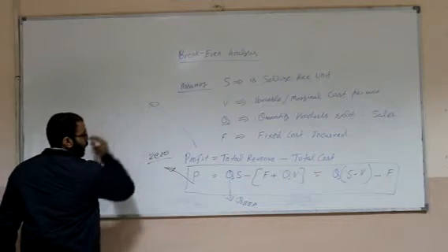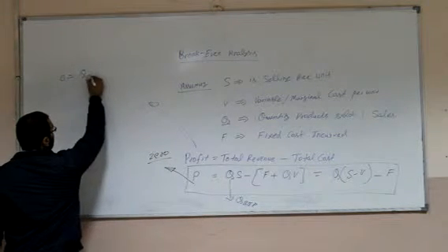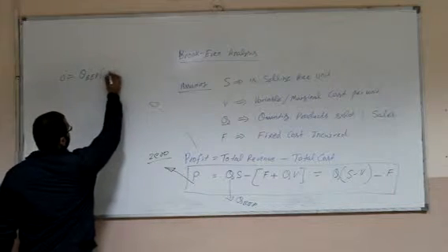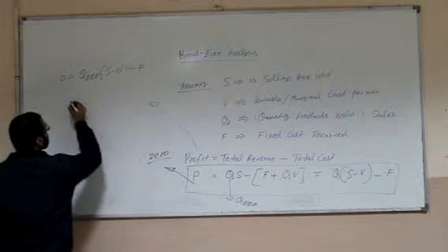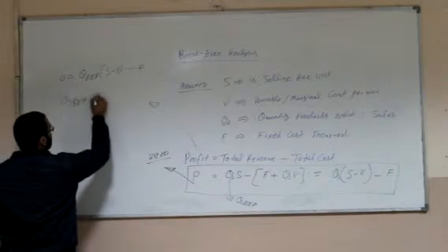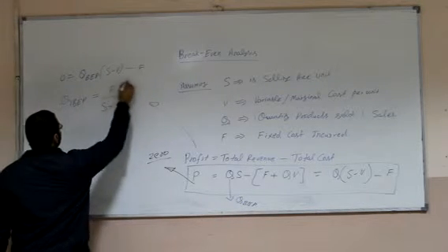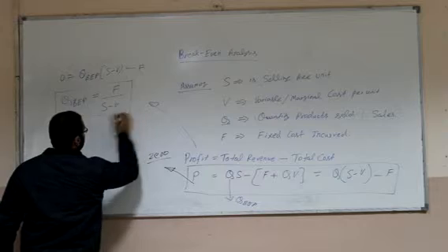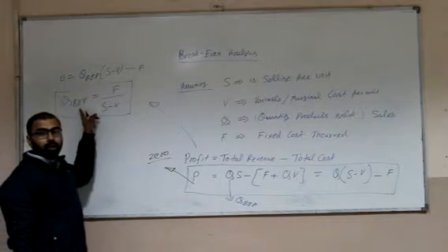Here P is 0, Q BEP (S minus V) minus F. So Q BEP is equal to F divided by S minus V. So this is the formula for calculation of the break-even point.